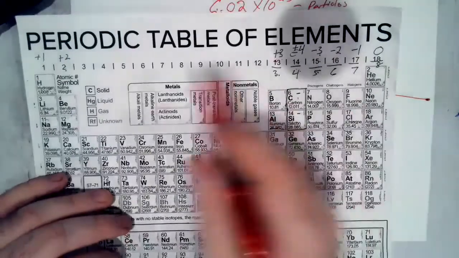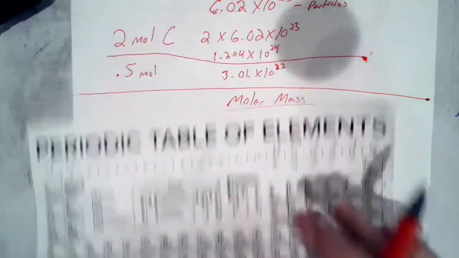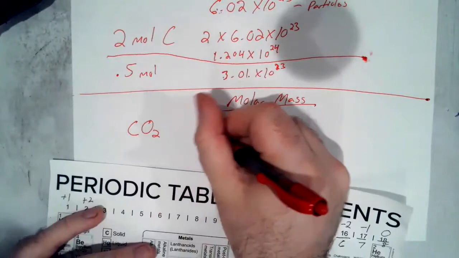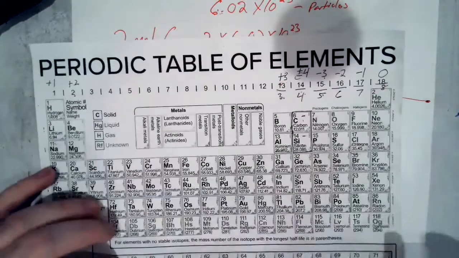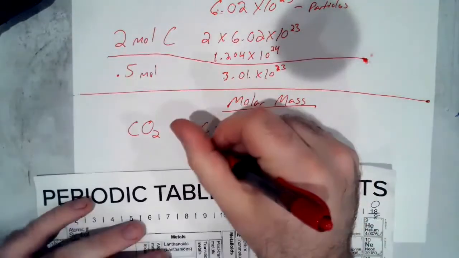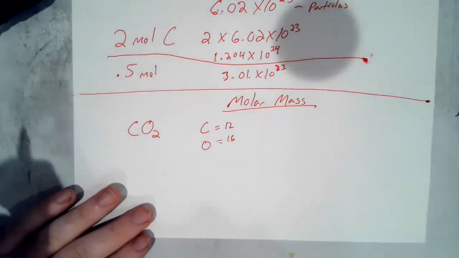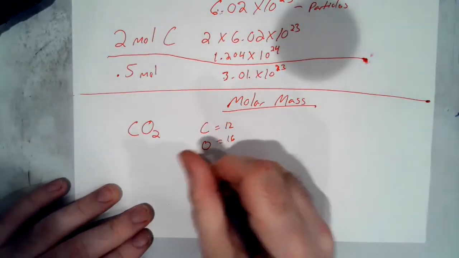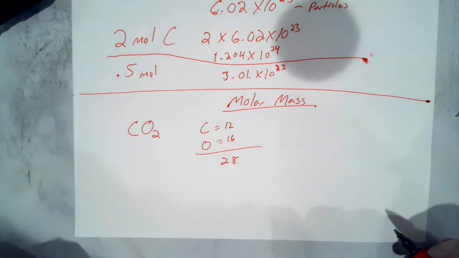What you do is you go on your periodic table and you find, okay, carbon's got a mass of 12. Oxygen's got a mass of, I would round that up to 16. Now, if you just added them like that and you got yourself 28, you'd be wrong.